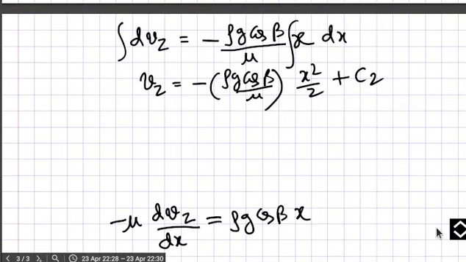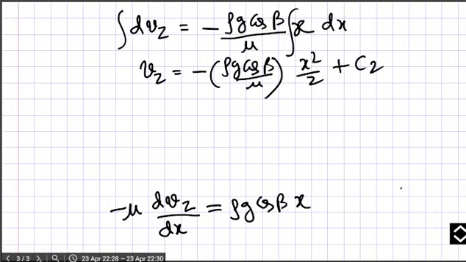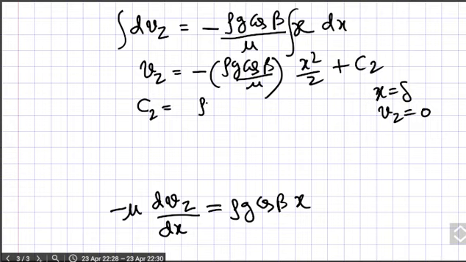This will always be there. In many other problems you will see that this kind of thing is true. X is equal to delta, Vz is equal to 0. So you put all these things here. X is equal to delta, you will put the c2, you will get rho g cos beta by mu and delta square by 2.